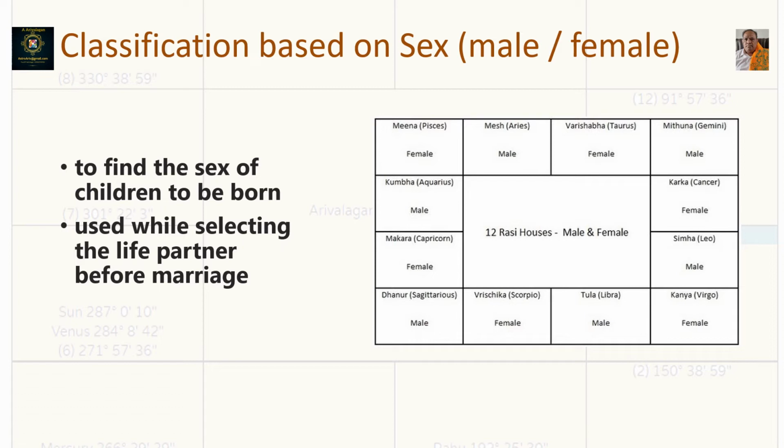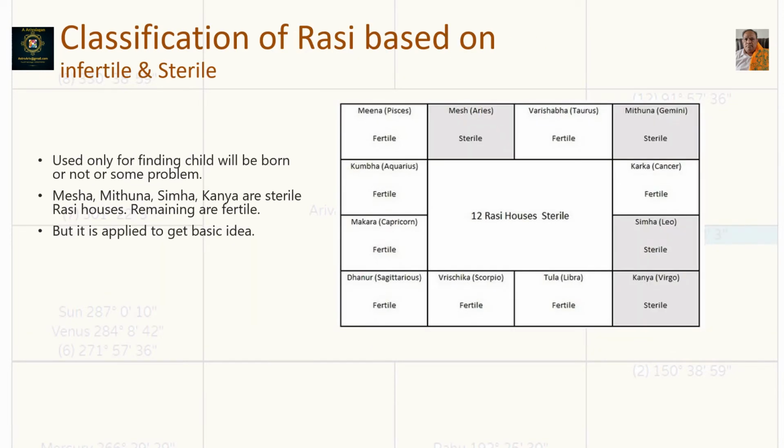Then the Rasis are also classified male to female. So first Mesha Rasi is called male, and then on the right hand side female, then next one male, female, like that. It is used for selecting the life partner before marriage, and also knowing the sex of the children to be born. Then classification of Rasi based on infertile or sterile.